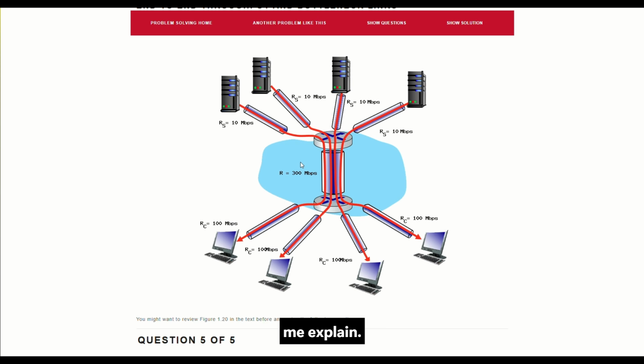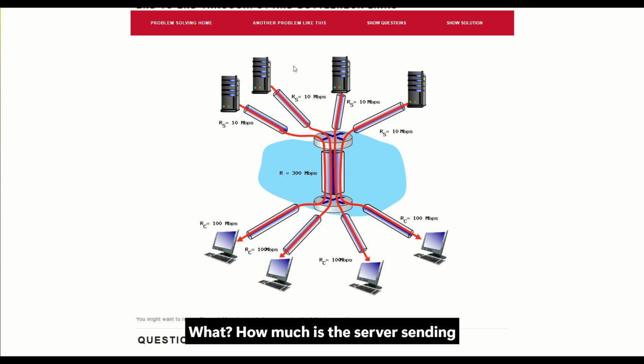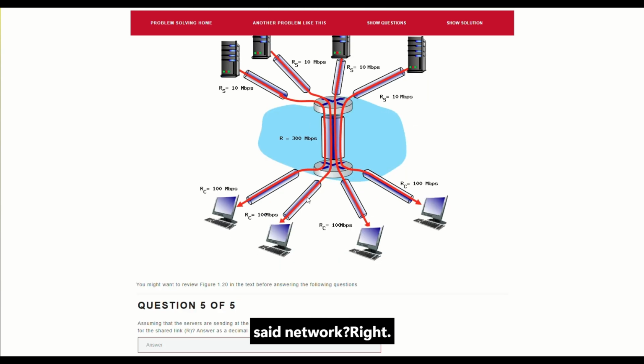Now, let me explain. So it's basically how much is the server sending over how much is the network able to handle, divided by the amount of devices that are connected to said network, right? Which I got as 0.13.